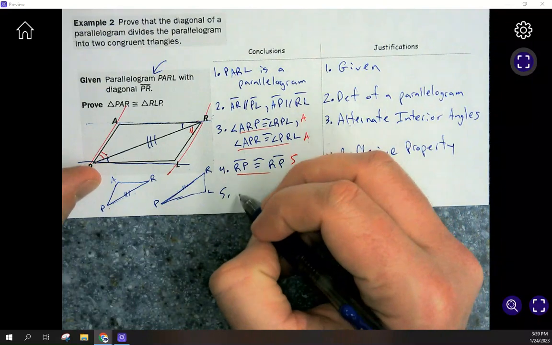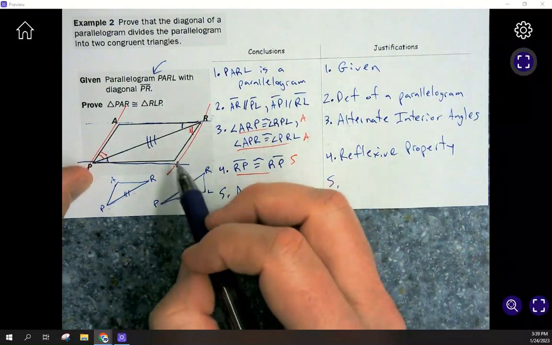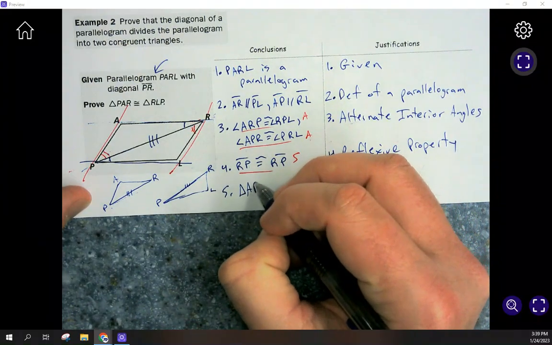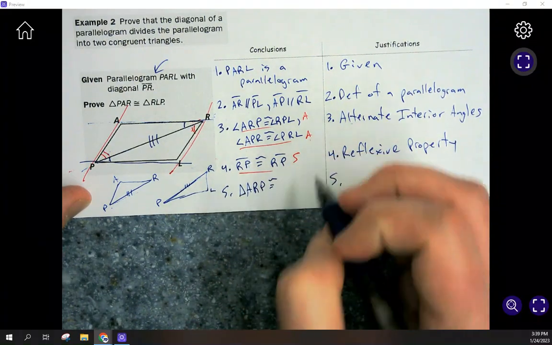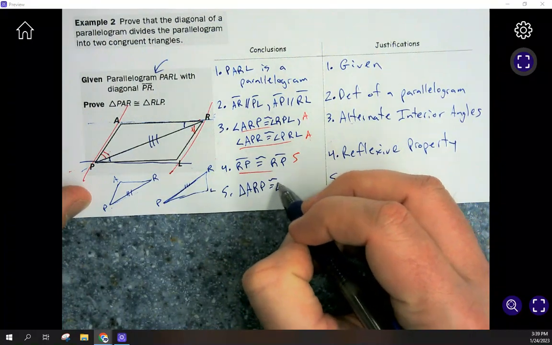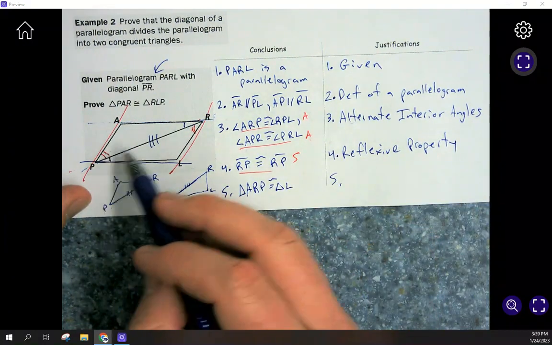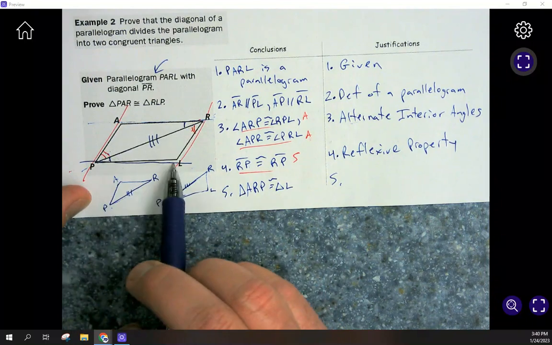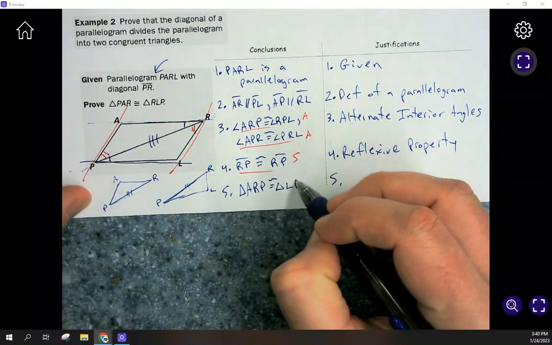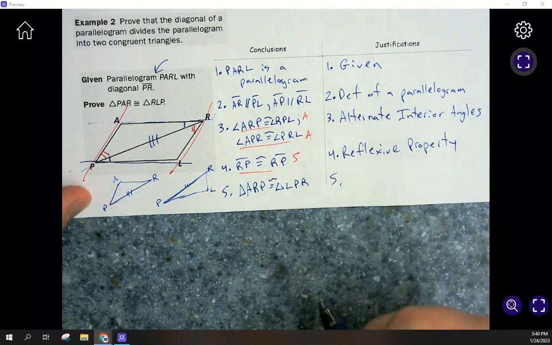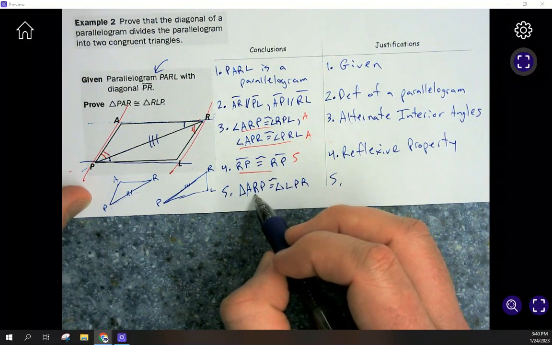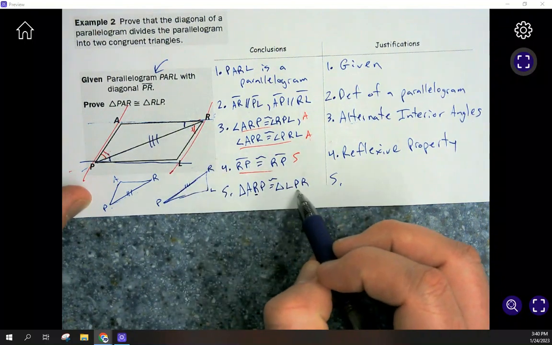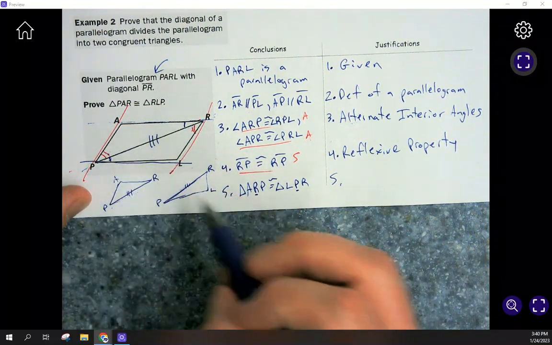So now we can say that this triangle, let's go ARP, is congruent to, A is going to match L, so triangle L, P, R. Since I marked these angles, this is easy. Notice this R right here in this triangle, the blue, matches the P in the other triangle, the blue.